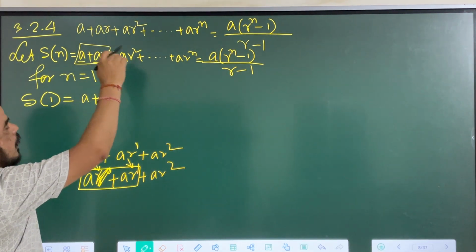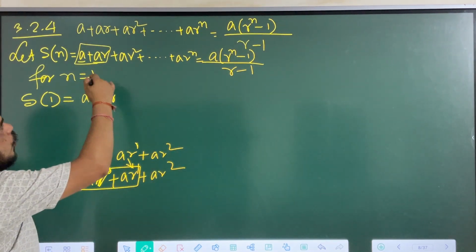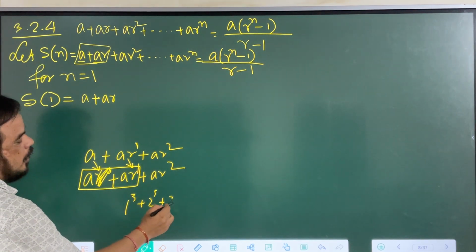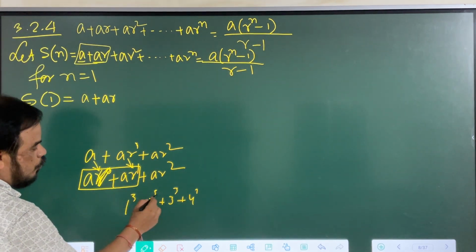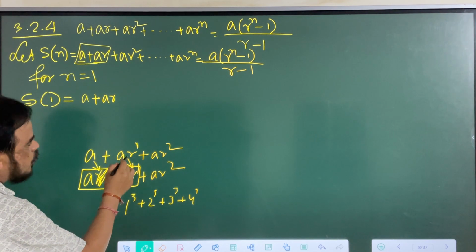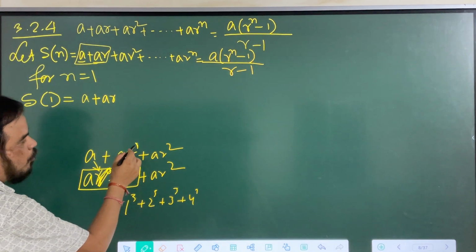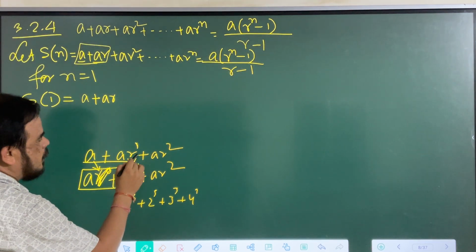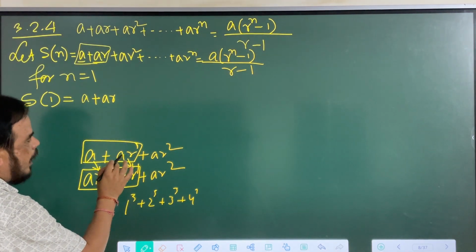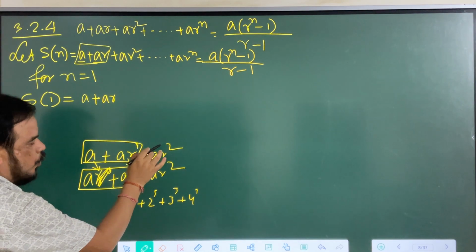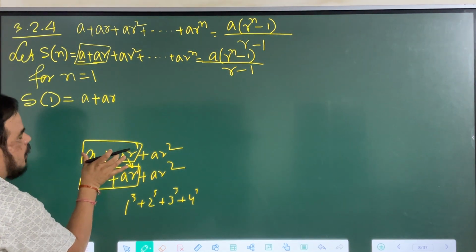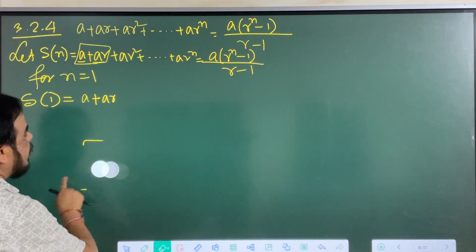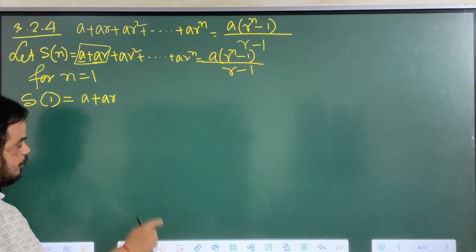I have told you already, on the first page, that continuity must be there. If it is 1 cube, 2 cube, 3 cube, 4 cube, so cube, cube, cube, 1, 2, 3, 4. But here there is no continuity; starting is not from 1. So together it is the first term. I hope you understand. This is the meaning, and this is why this is a very, very important sum.